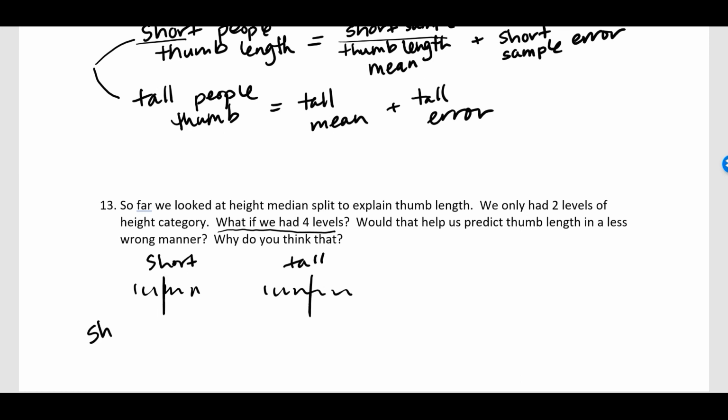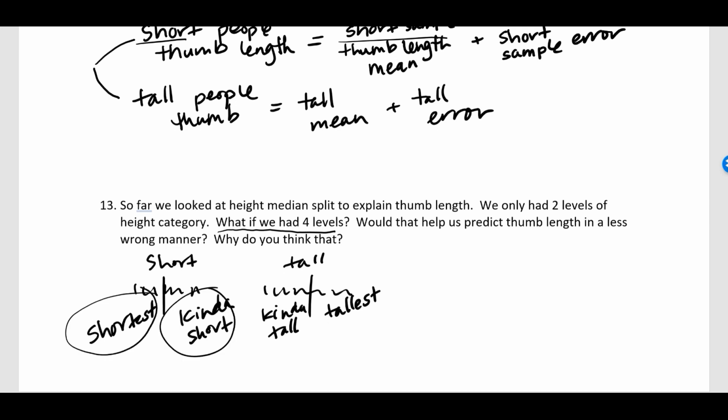We'd have the shortest people, people who are kind of short, people who are a little taller than the median, and people who are a lot taller. If we had more categories to split our data into, do you think that would help us even further in predicting someone's thumb length in a less wrong manner?